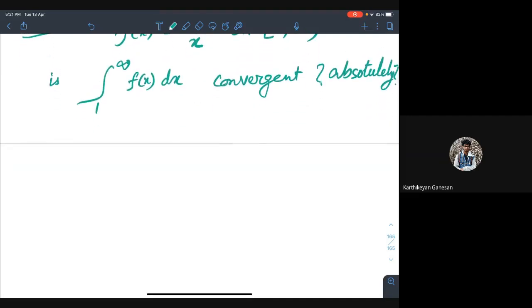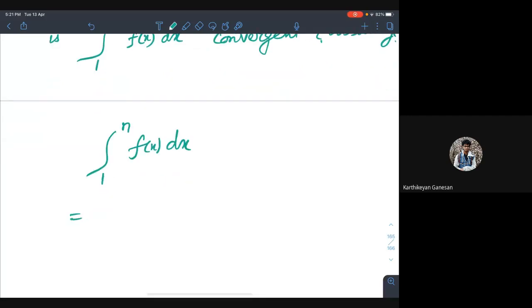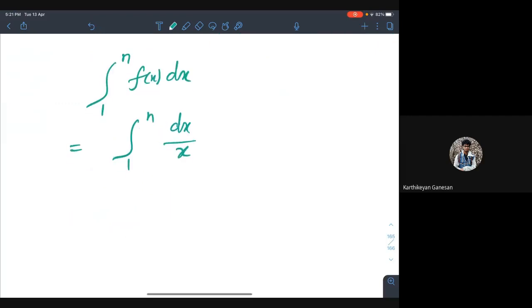So if you consider 1 to n f(x) dx for the time being, which will be integration 1 to n dx by x, right? Now this one, you know, it has an antiderivative, the natural logarithm, log x, from 1 to n.